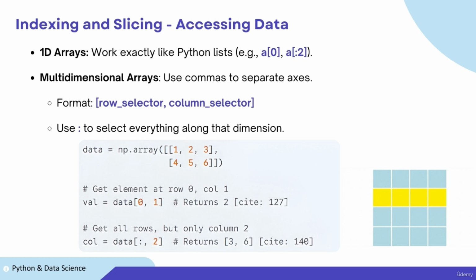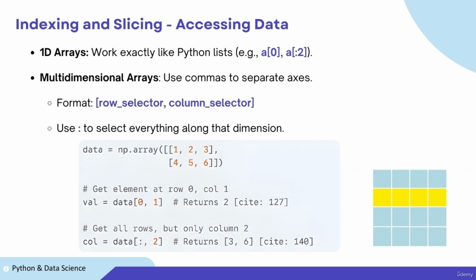Now let's talk about indexing and slicing, accessing data. For 1D arrays, it works exactly like Python lists. A square bracket 0 gives you the first item. For multi-dimensional arrays, we use a comma to separate the axes. The format is square bracket, row selector, comma, column selector.